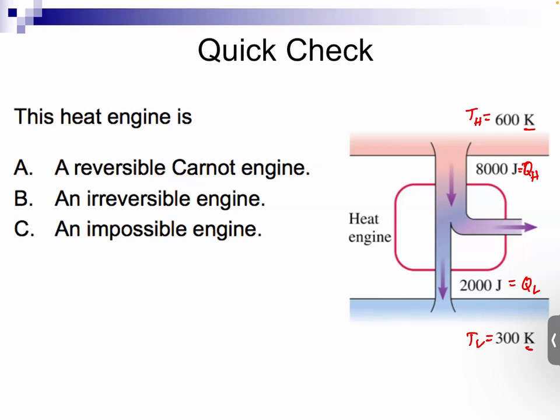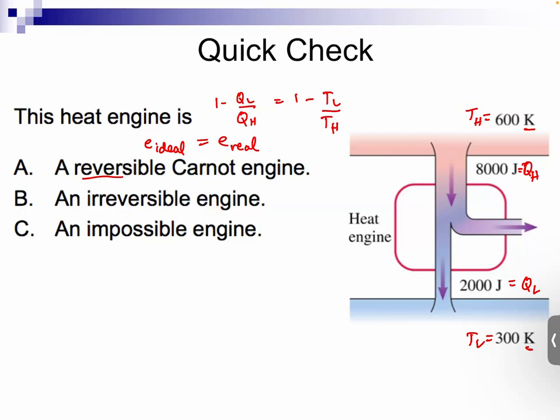If it's a Carnot engine or reversible engine, E ideal or E Carnot is equal to E real, meaning the efficiency you calculate from 1 minus QL over QH is equal to the efficiency you calculate from 1 minus TL over TH. If they're equal, then that's a reversible Carnot engine, because that means you're able to build the engine perfectly. The real efficiency equals the ideal efficiency of the perfect engine.